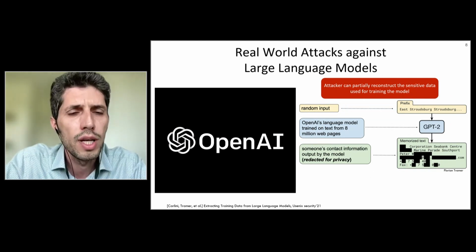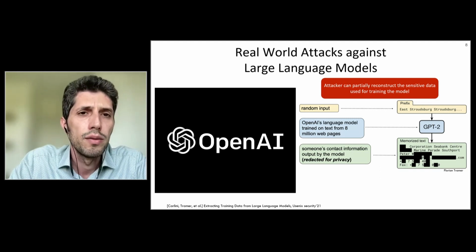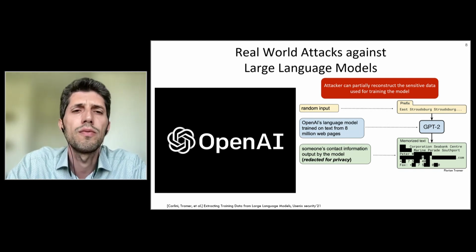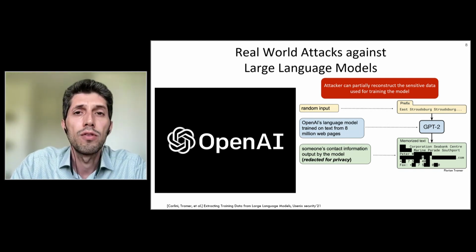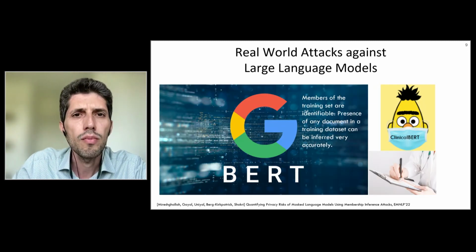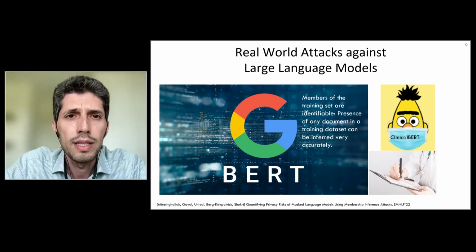If a model is released, again, a few years ago, researchers have shown that in the case of large language models, you can generate some sensitive information which was verbatim from the training set, or something a bit more sensitive.